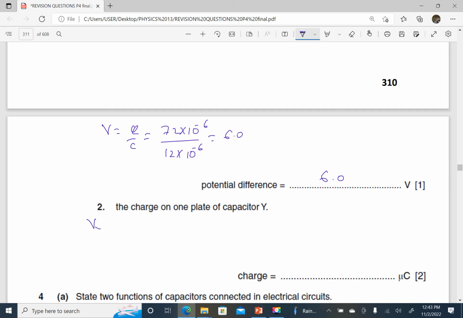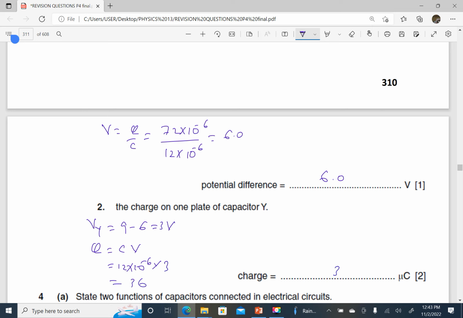That is 3 volts. Then the charge is capacitance times V. The capacitance of Y is 12 times 10 power negative 6 times 3. This gives 36 microcoulombs.